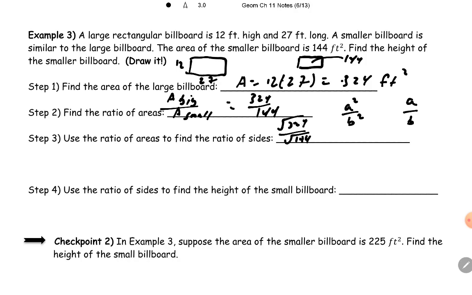Square root of 324 over the square root of 144, which is 18 over 12. So there's my ratio of sides. Then let's go ahead and reduce this to 3 over 2.